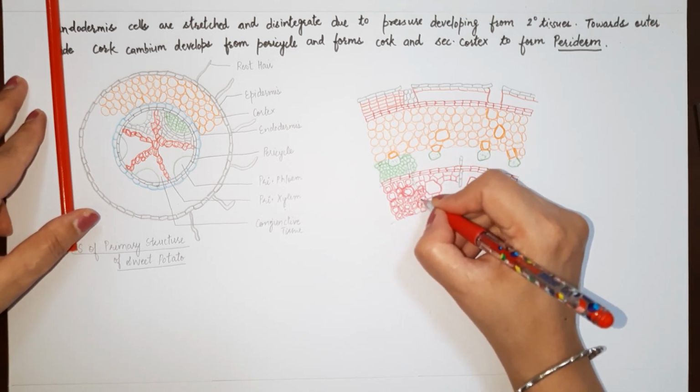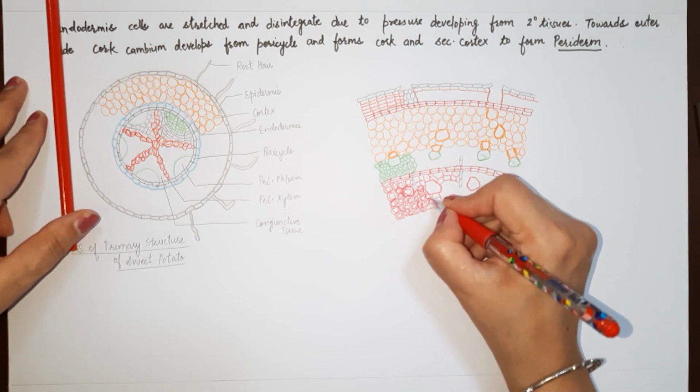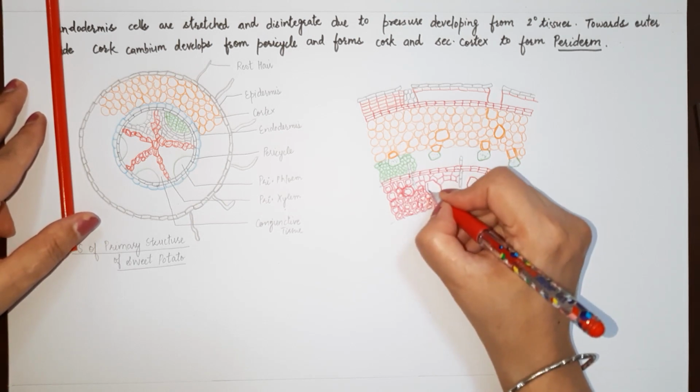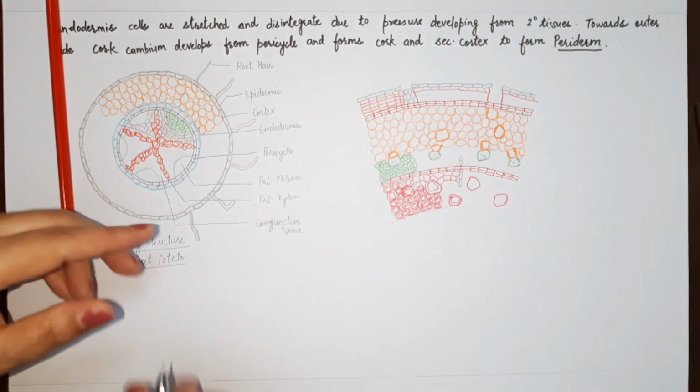Parenchyma cells are also present in between, but we are not going to differentiate that, and marking all cells with double wall. Okay, this way you can complete this part.